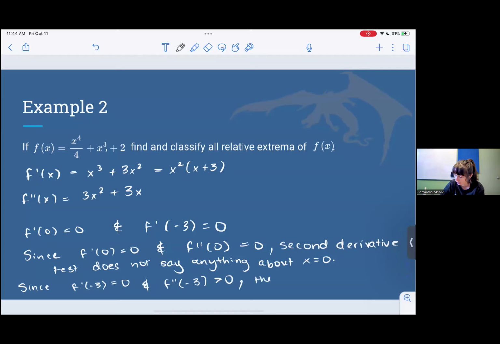So the second derivative test tells us that there is a relative minimum at x equals minus 3.